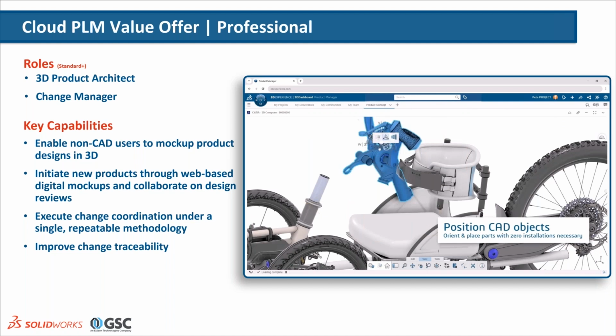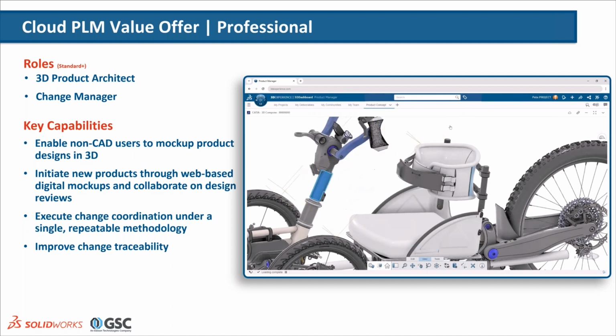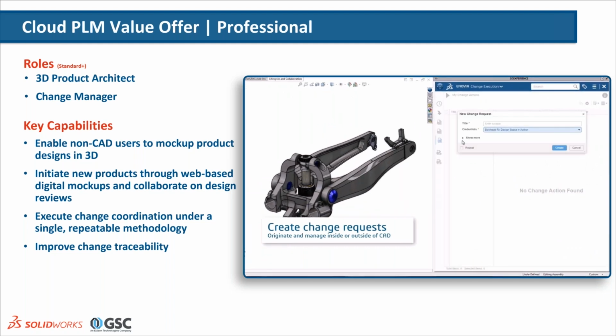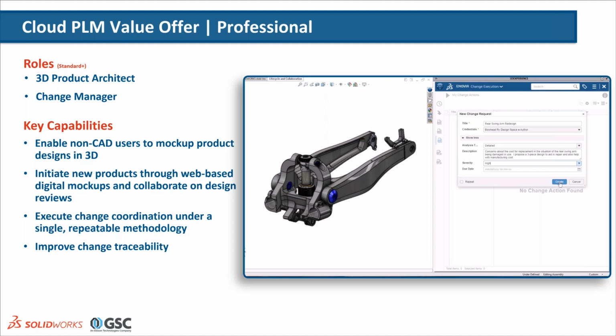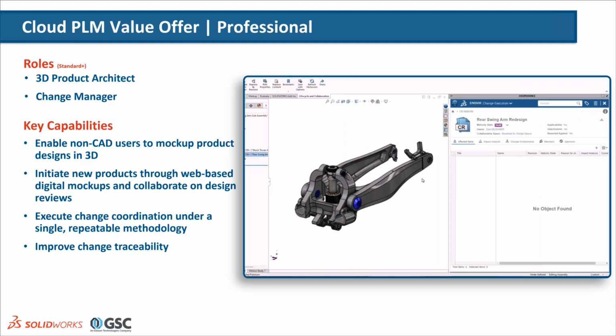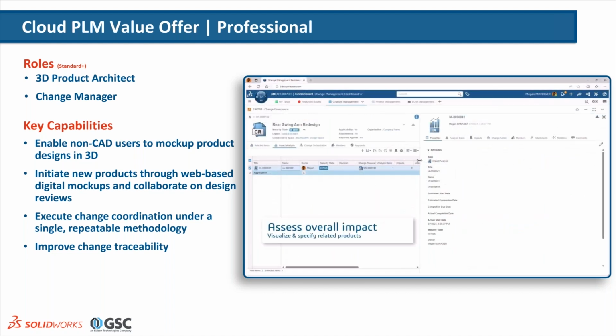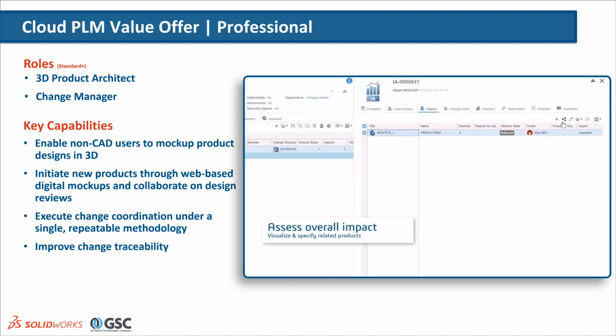It's just orientation and placement, but it allows someone to say, hey, I'm thinking about this as a new product, and they can do that right inside of the web browser with your SOLIDWORKS data. Not changing your SOLIDWORKS models at all, it's just using that. So again, it gives non-CAD users some of those abilities without having to learn or have a seat of SOLIDWORKS.